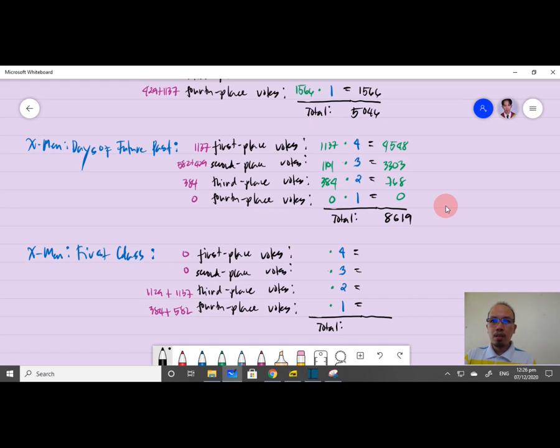So let's try this one. Here we have 0 0, and then 1129 plus 1137. So the answer is 2266, and then 384 plus 582, so we have 966. 2266 times 2, we have 4532.